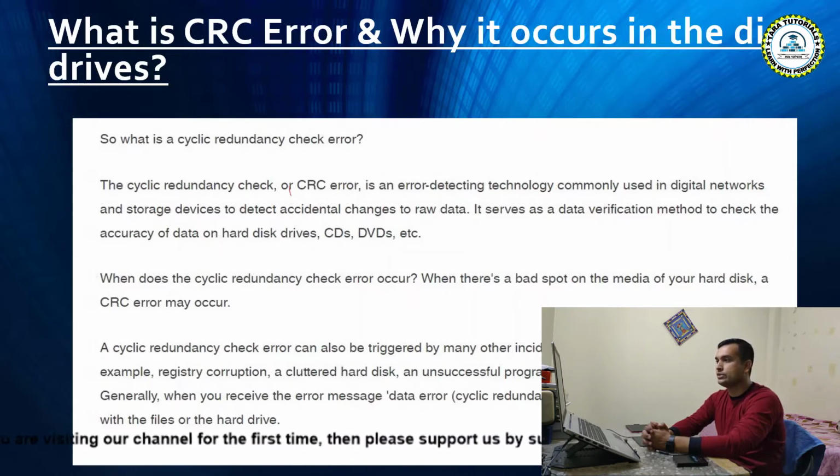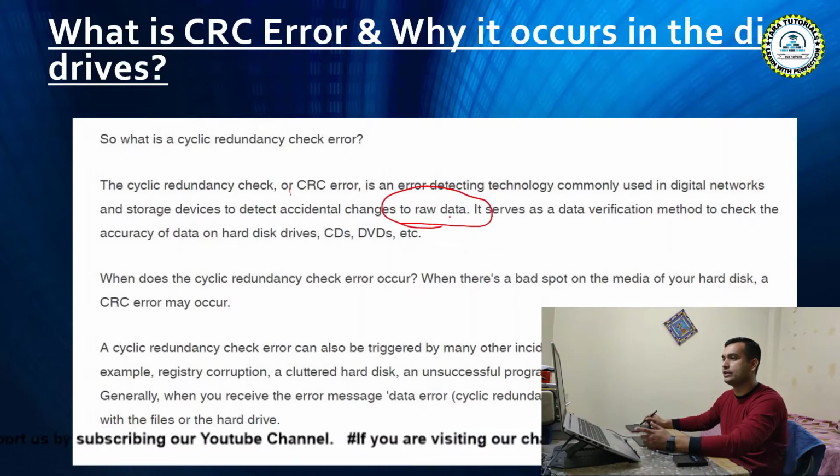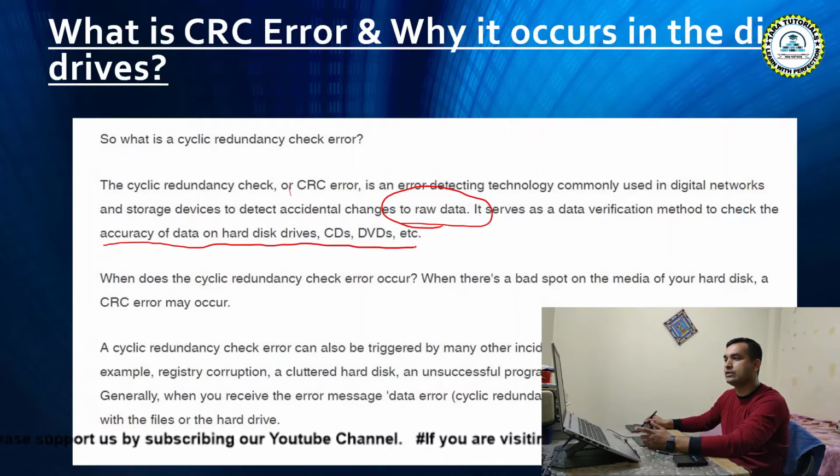It is used in digital networks as well as in storage devices to detect accidental change in raw data. Accidental change in the raw data, that is very important. What it does is check the accuracy of the data on the disk drive, CD, DVD, etc.